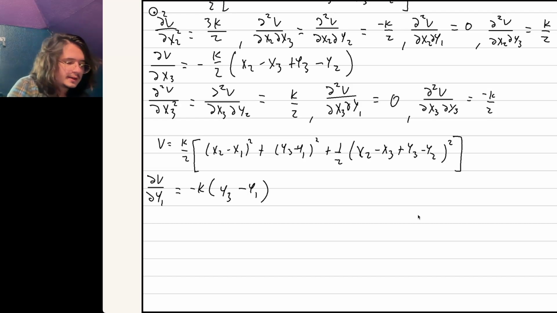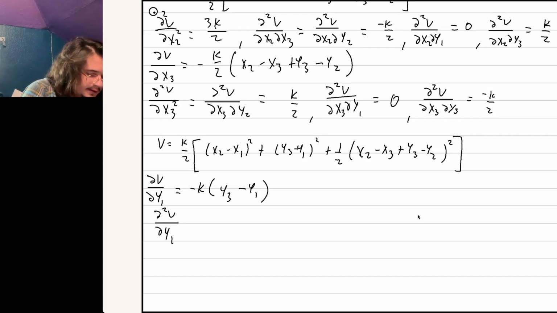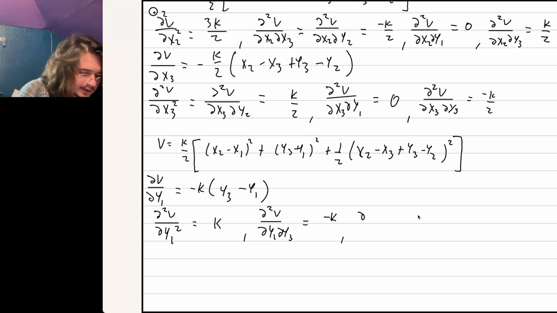So you do your second derivative with respect to y1, you get positive k, and you do your second derivative with respect to y3, you get minus k, and then you take the second partial derivative with respect to anything else, like y1, y2, it is 0.